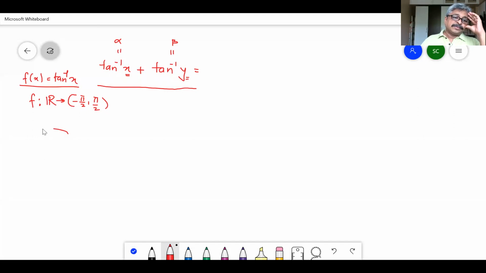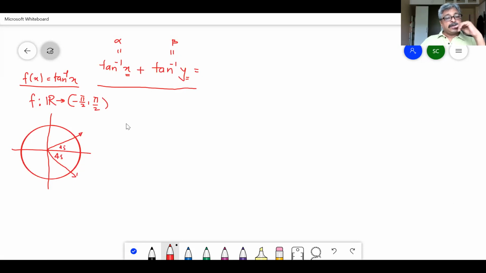So if we are in plus or minus 45 degrees, that is, minus 45 degrees is less than alpha, beta, less than 45 degrees, if both of them are between minus 45 and 45, then when they get added they will not exceed 90 or be less than minus 90.